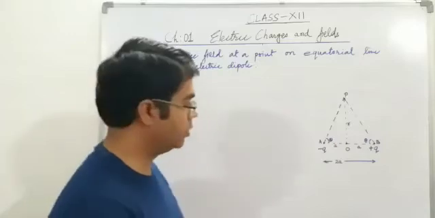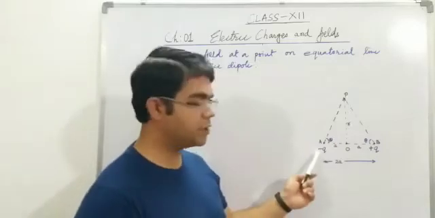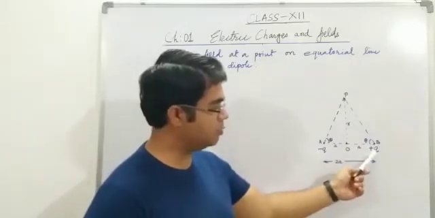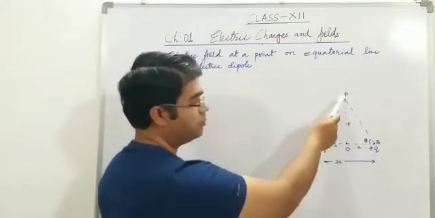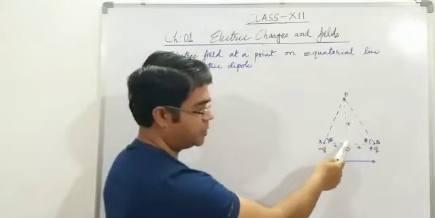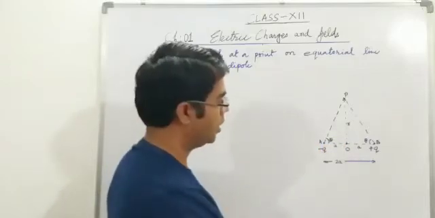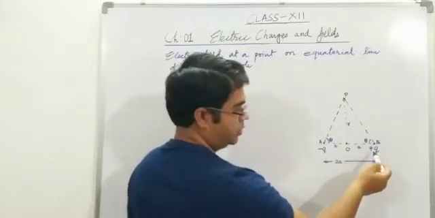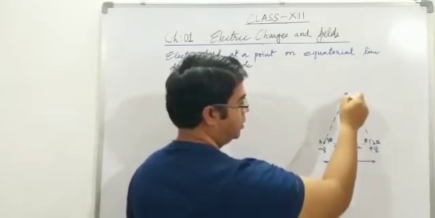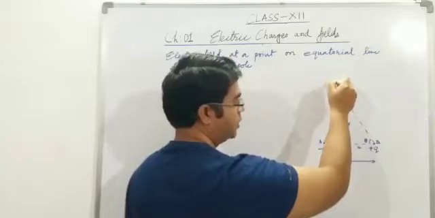For this, we will consider an electric dipole consisting of two charges, minus q and plus q, separated by distance 2a. Consider a point P at a distance r from the center of the dipole. The electric field due to the positive charge at point P is always away from the positive charge.